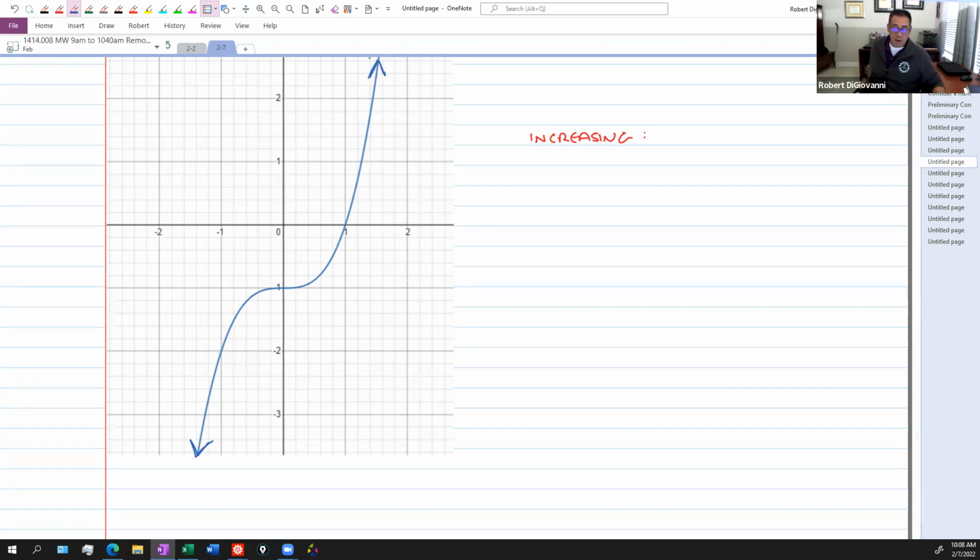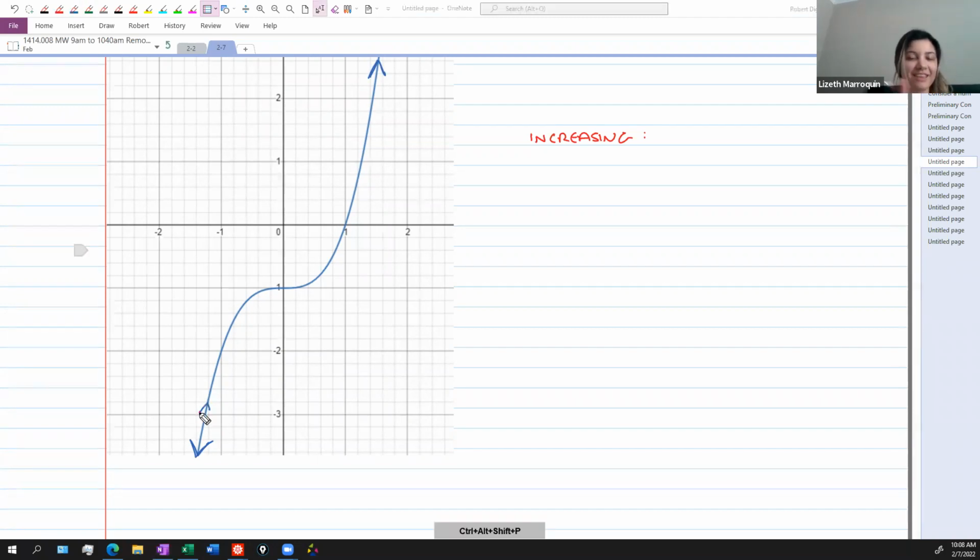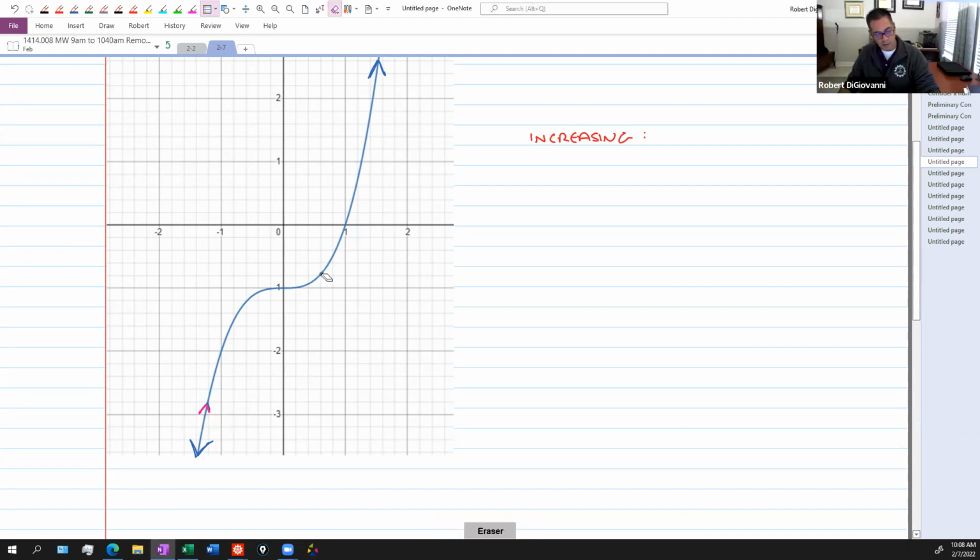So if this was a roller coaster, right, Lizeth, you were riding this roller coaster. What's happening? Well, I know that it's increasing on the right side. No, you're right. On the right side, it's going up, right? You'd be going up on this side, yes?